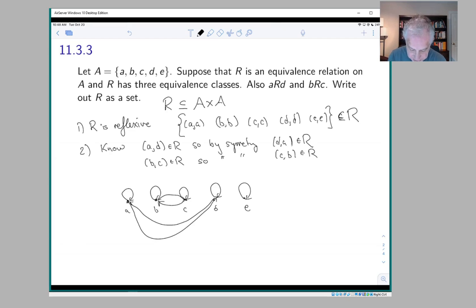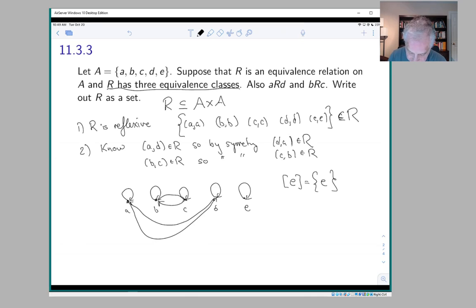So what are the equivalence classes at this point? Because that's the other piece of information that we have. We know it has 3 equivalence classes. Well, the equivalence class of E just consists of E, because the only thing that E is equivalent to so far is itself.